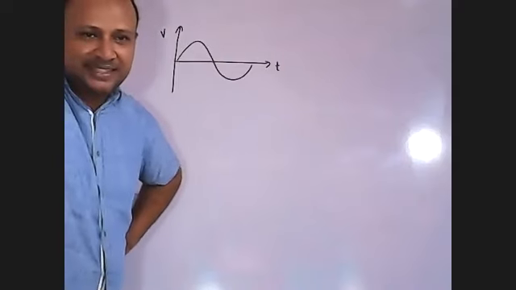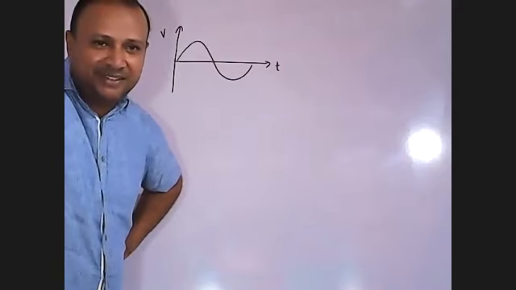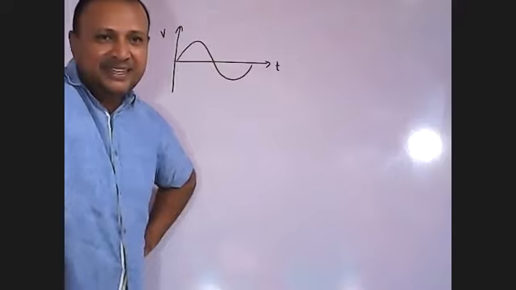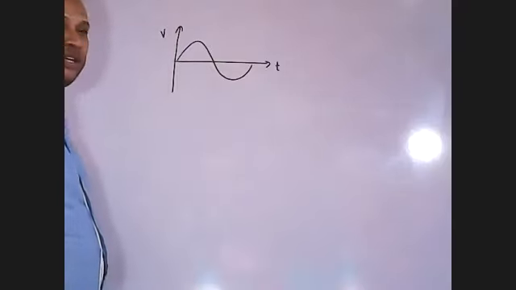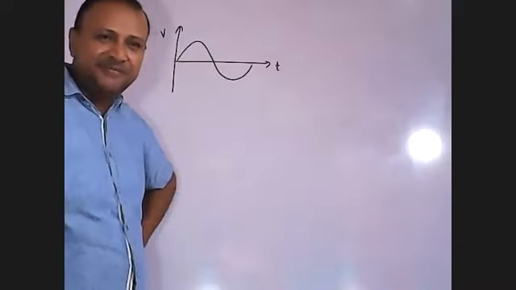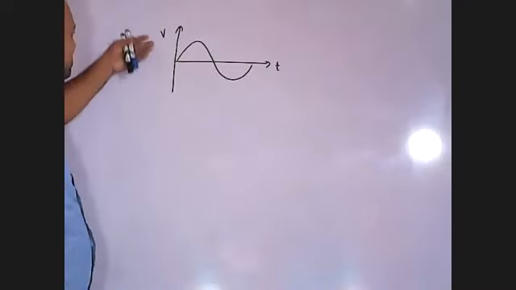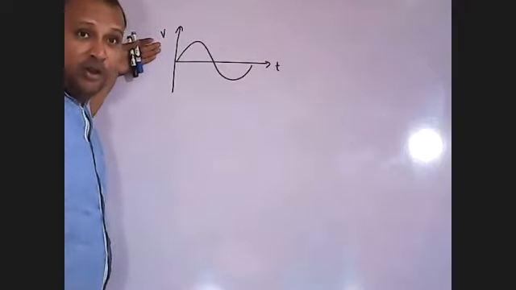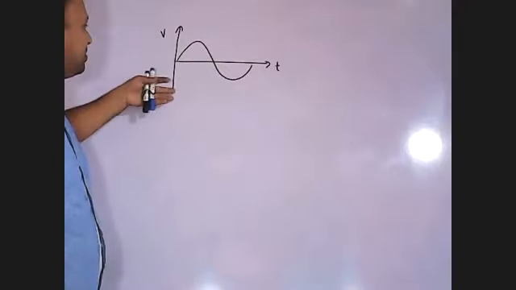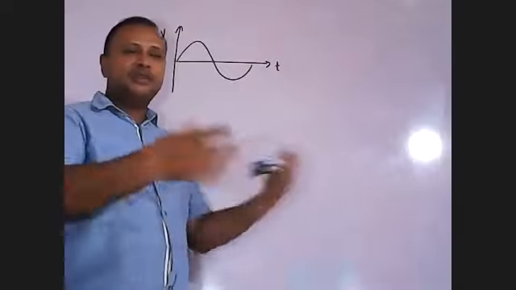So the y-axis. Yes, very good, the positive or negativeness of the y-axis. Because v is represented by the y-axis, plus or minus of the y-axis means plus or minus of velocity.